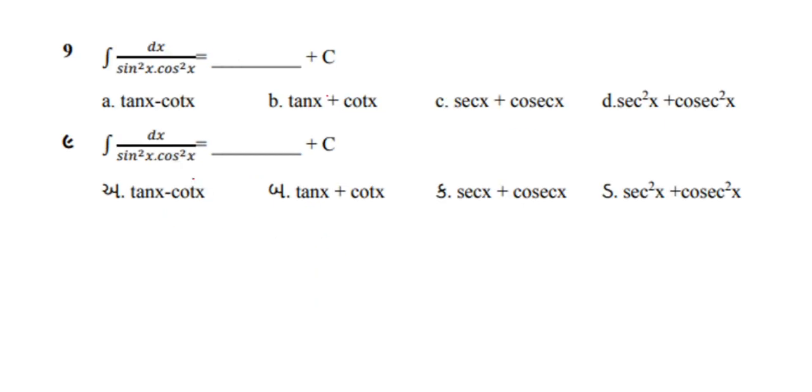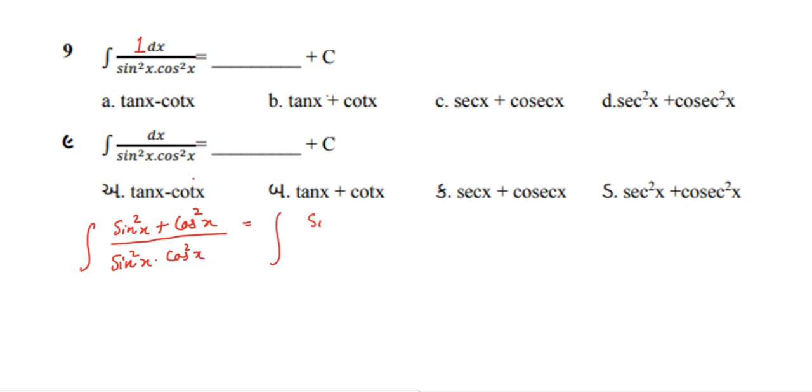The next question is question number 9, that is integration of dx upon sine square x into cos square x. Here we can assume that 1 is written, and I can write it like this: integration of sine square x plus cos square x, because sine square x plus cos square x is equal to 1, upon sine square x into cos square x. Let's separate the variables.